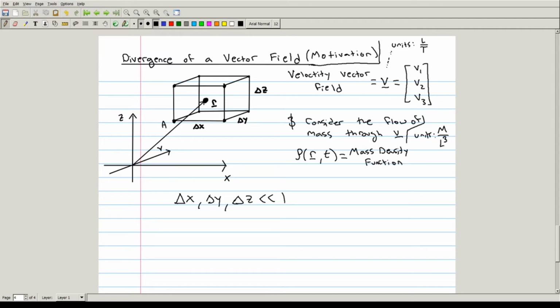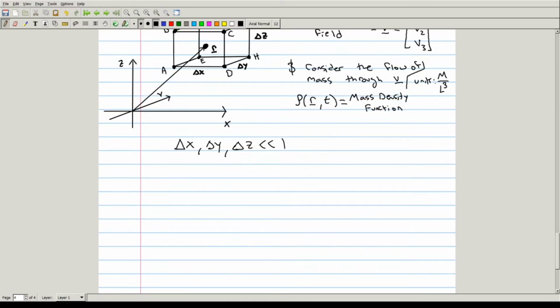This point we'll call A, this point B, this point C, this point D, and this point E, this point F, this point G, and this point H. I've drawn a very big cube, but remember this is a very zoomed in picture. This cube is in reality a very, very small cube.